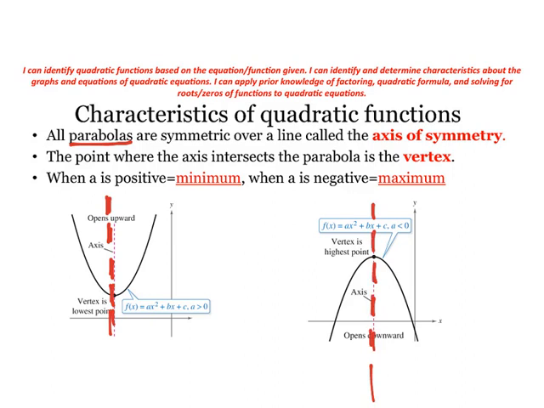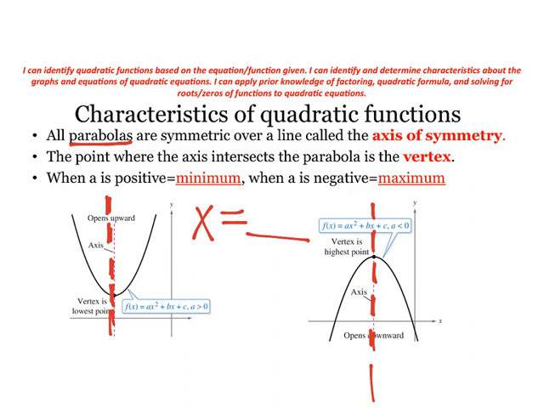Your axis of symmetry is that dotted red line, and it is a vertical line. What does that mean for us? Anytime I ask you for the axis of symmetry on a quadratic function, you are going to tell me x equals something. Because the equation of all vertical lines is x equals a number.